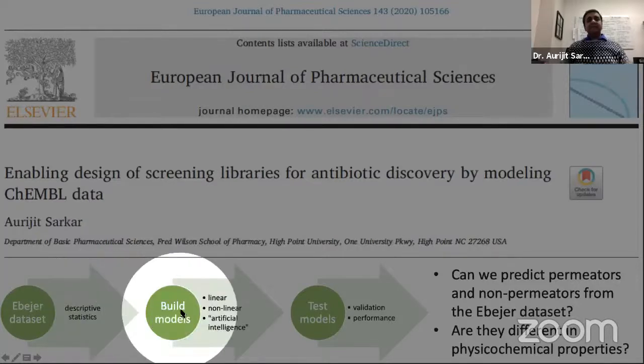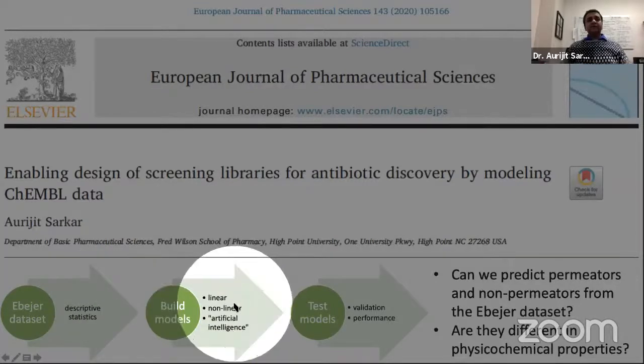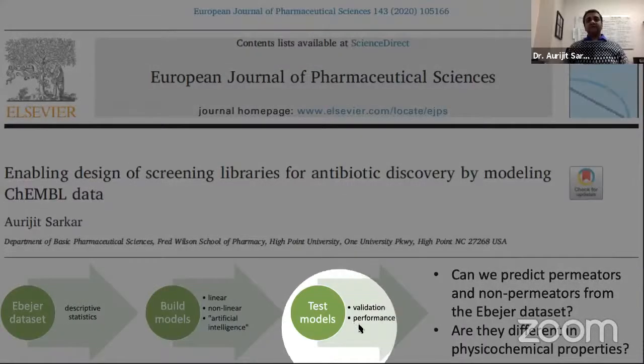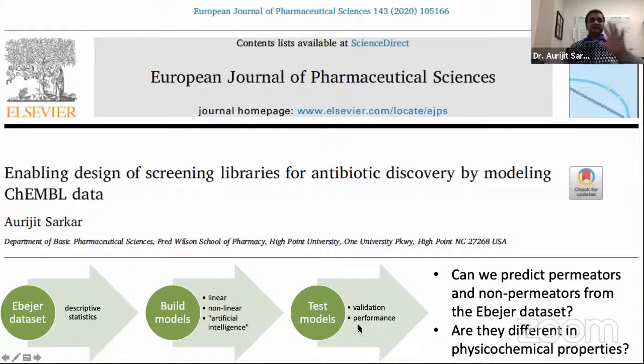Then I went ahead and built linear and non-linear and even a very simple artificial intelligence model that could make predictions regarding which chemicals would get inside bacteria and which chemicals will not get inside bacteria. And then I went ahead and tested these models for validation and performance. This was essentially covered in this manuscript. I've done further work on this, experimental work in my lab, which I am not presenting today, but it will come out at some point of time soon.